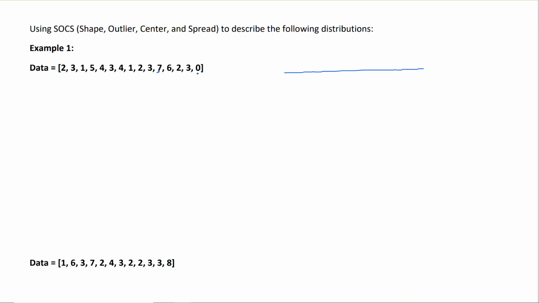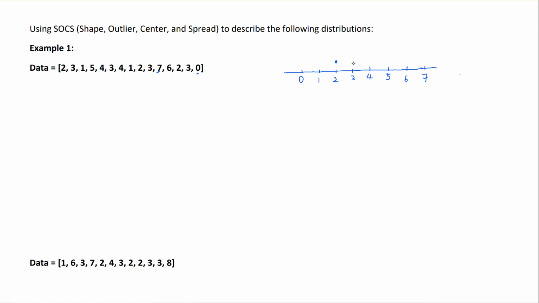So let's draw from 0, 1, 2, 3, 4, 5, 6, and 7. All right, and then let's say we have 2. I just make a dot, represent there is a 2.